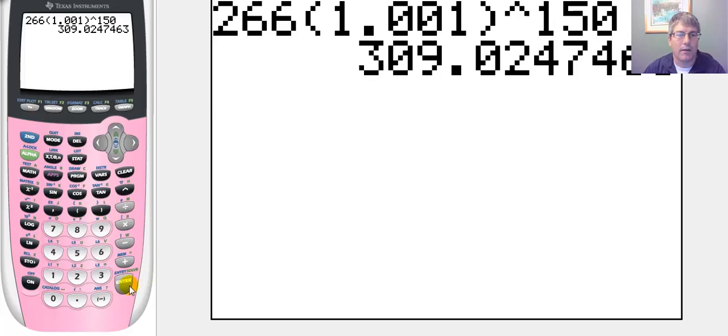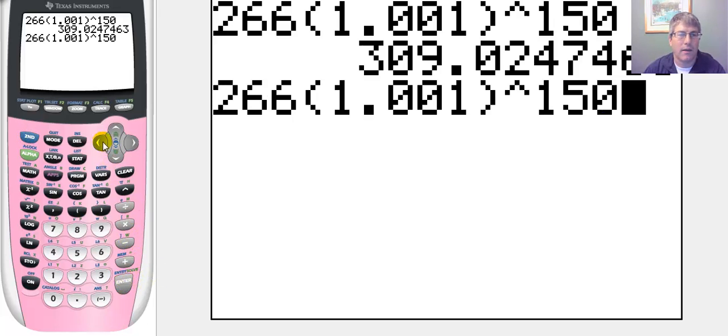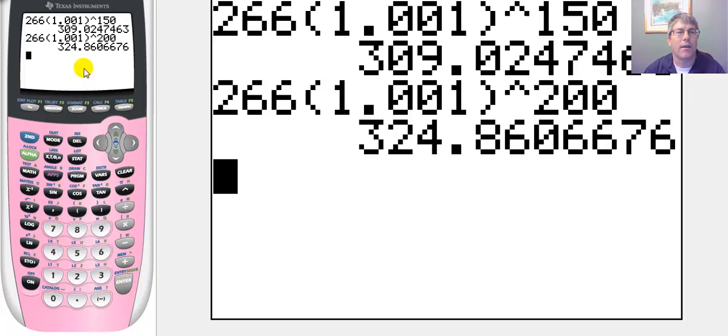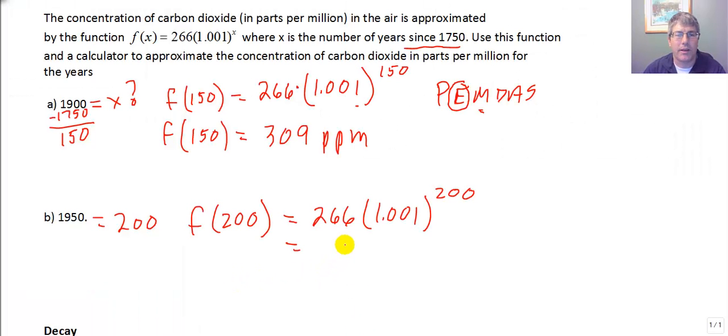And second entry, and use my same entry. And now I'll just put 200 in. So there we go, to the 200th power, and hit enter, and I get 324.86, or about 325 parts per million.